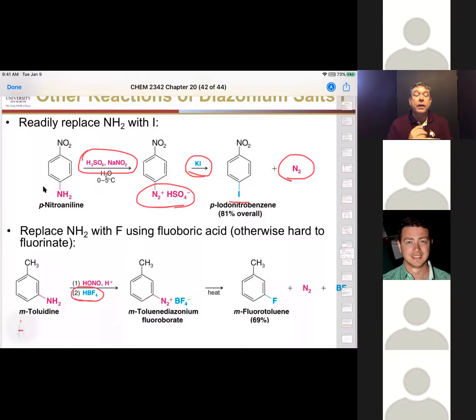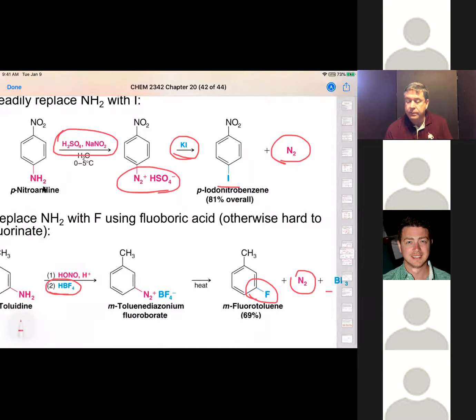And so when we heat that, those nucleophilic fluorines are right near the site we want to react, and we can end up getting substitution with a fluoride right here without fluorinating any other part of the ring, and generate our nitrogen plus BF3 as our spit out here as a Lewis acid. But the key here is the hydrogen fluoroboric acid to pre-generate this salt, and then when we heat that salt, it thermally rearranges to give us our fluorine attached to that nitrogen position.